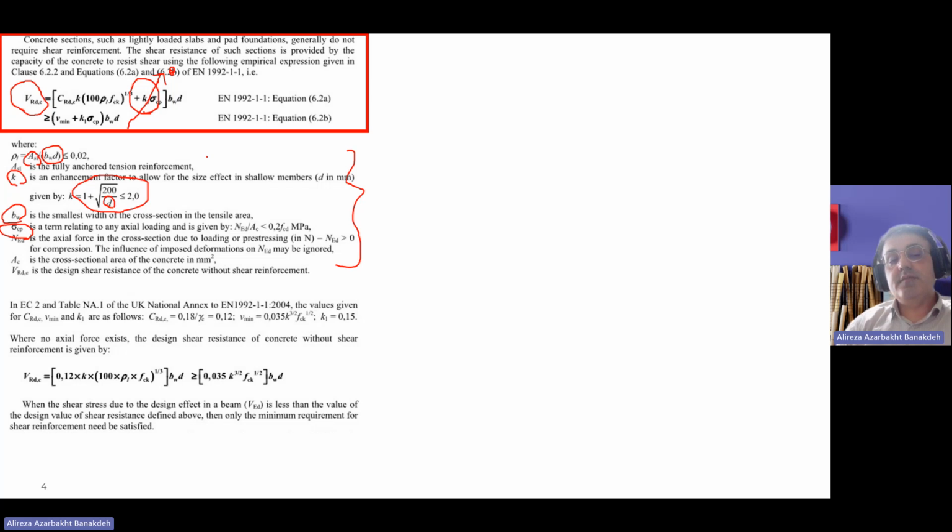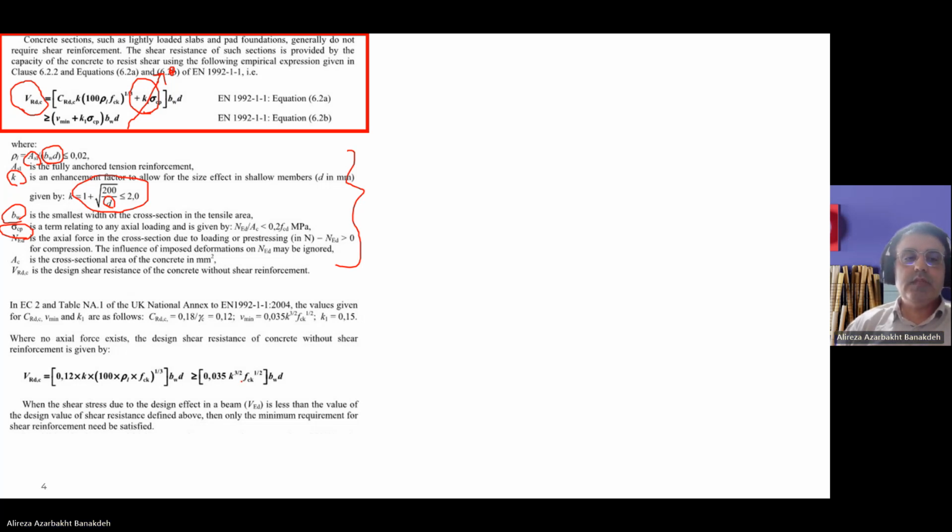In some exceptional cases, like flexible diaphragms, you may have considerable axial forces in beams or slabs, which means that you need to calculate this term as well. But this is a sort of helping term. If you neglect this term, you're on the conservative side because it's adding to the first term.